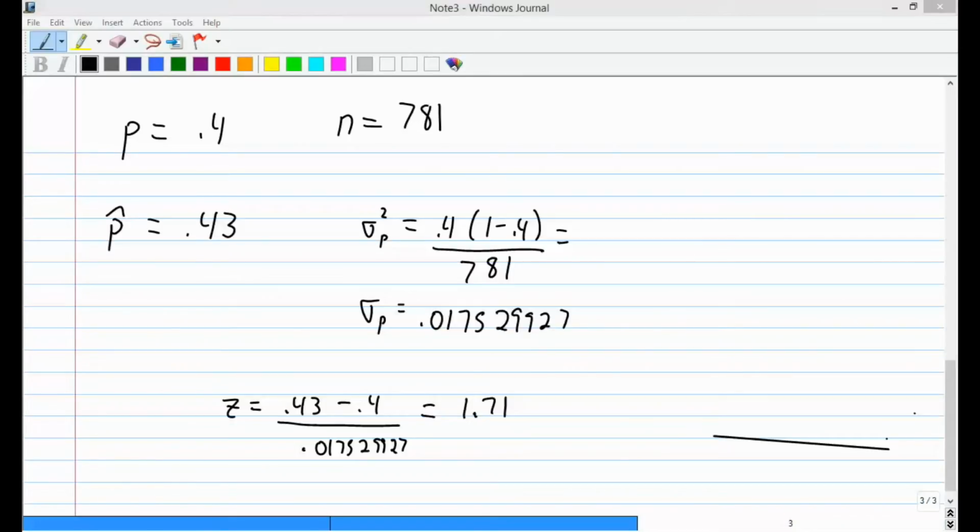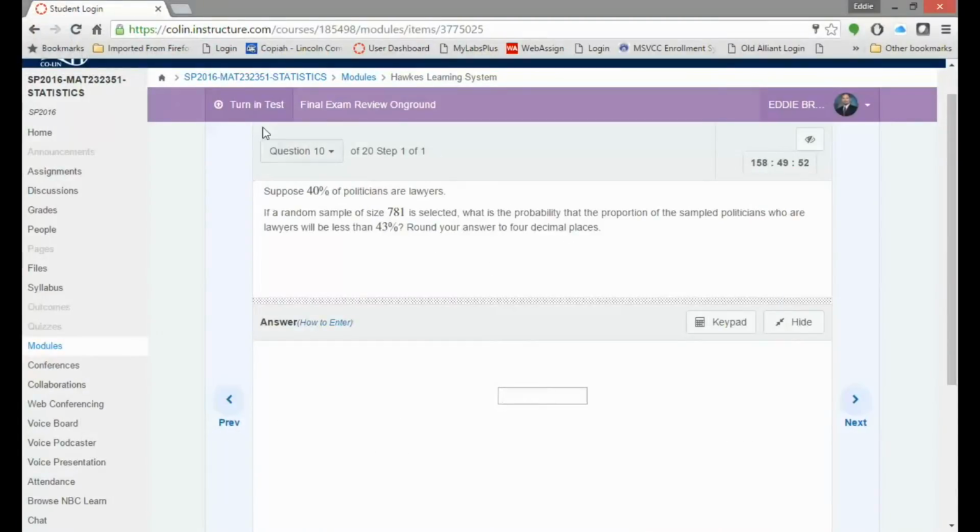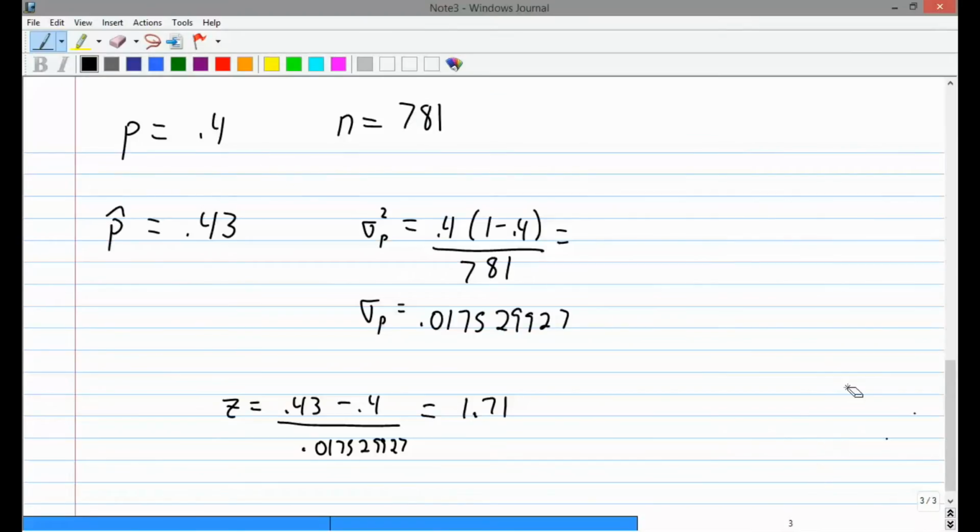So let me go to my tables again. Table C. And I got 0.9564.